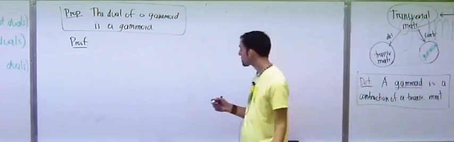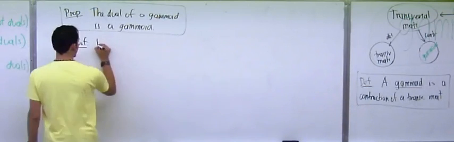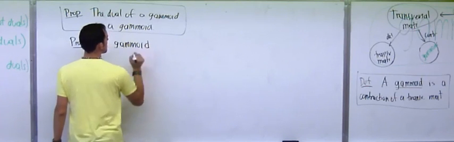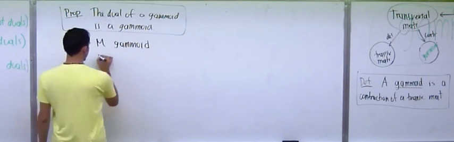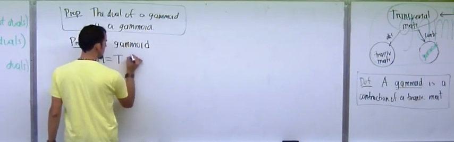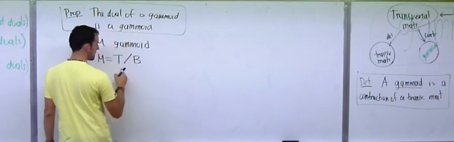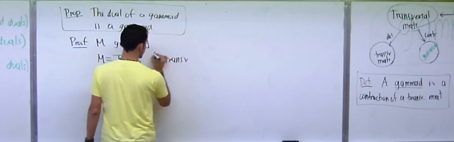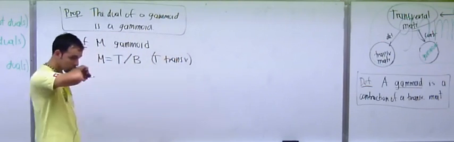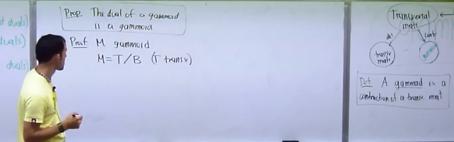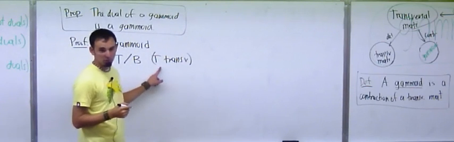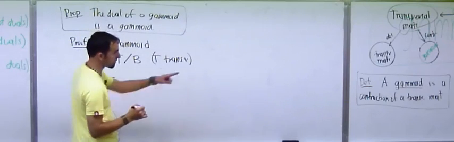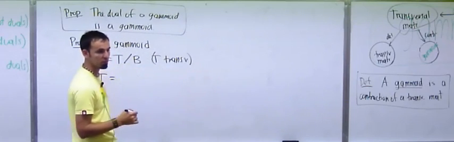So, start with a gamoid. That means that it is a contraction of a transversal. Okay. T is transversal. So any transversal is a deletion of a cotransversal.